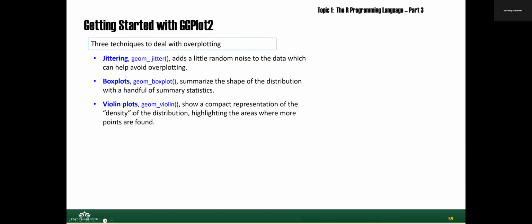And then there's something called violin plots. And when we look at violin plots, you'll see why they're called violin plots. But again, all of these techniques are really intended to deal with overplotting so that we can get a good sense of what the distribution of the data is, how much is there, how dense it is for every level of every variable.